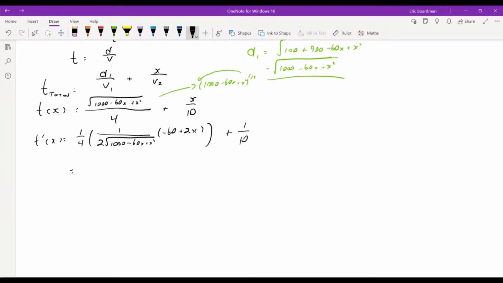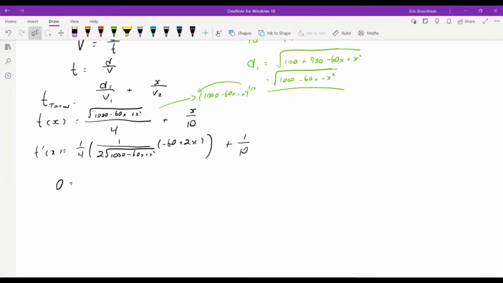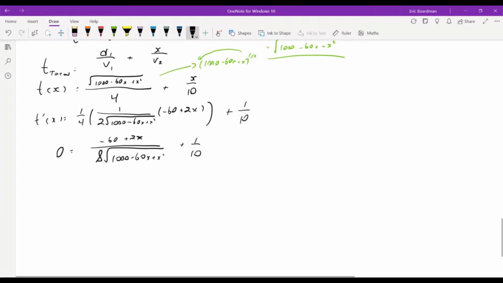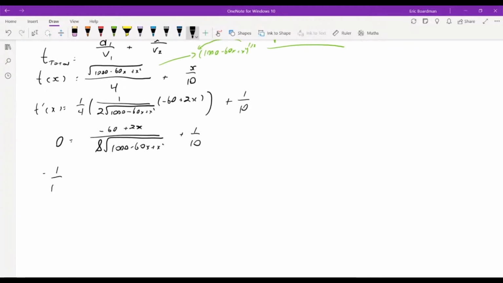Now, we can set this equal to 0, because we want to find one of the critical points. And I'll just write this like 60 plus 2x over 8, since 4 times 2 is 8, square root of 1,000 minus 60x plus x squared plus 1/10. Now we can move this 1/10 over to the other side. So this will be negative 1/10.